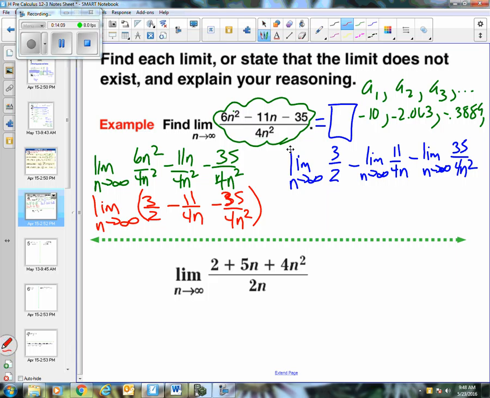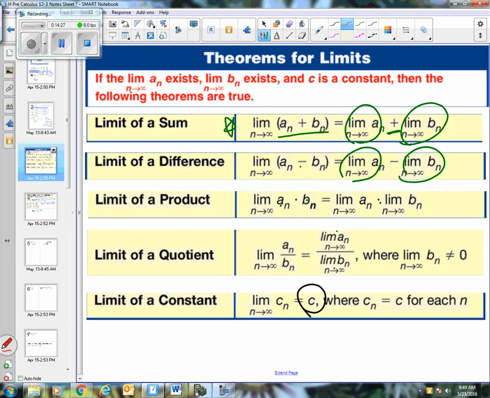It's just a number. What happens to 3/2 as n gets big? Well, absolutely nothing, because there's no n with it. It doesn't change. It's a constant. There's no variable there. If you graph y equals 3/2, it's a horizontal line at 1.5. It's not doing anything. It's not changing at all. If you go back to our table here to show this, the limit of a constant is equal to the constant because the constant doesn't change. That's why they call them constants.